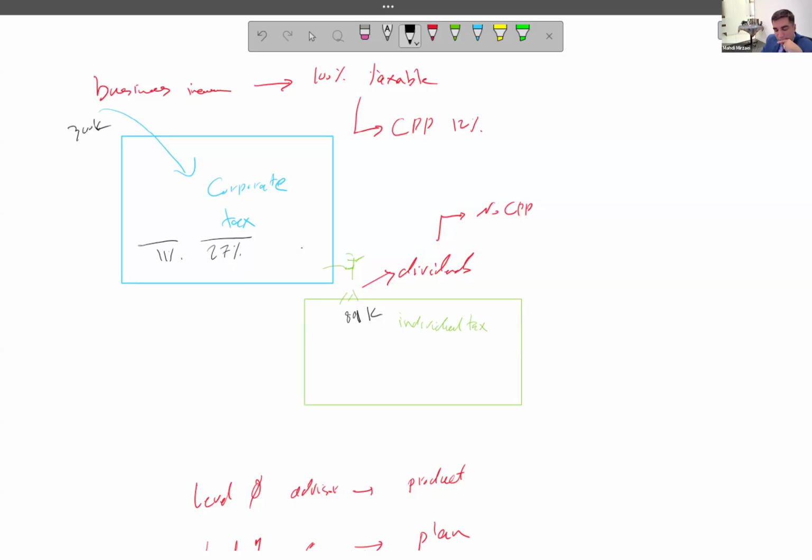So how much is left there? So let's say that $300,000 is there. They have to pay $30,000 tax. And the money that is left there is $270,000. They paid themselves $90,000 like dividend. So it's $180,000 is left there.